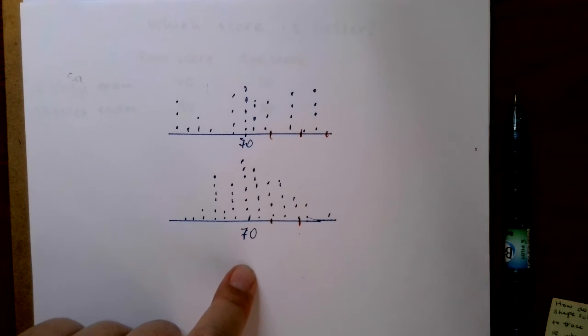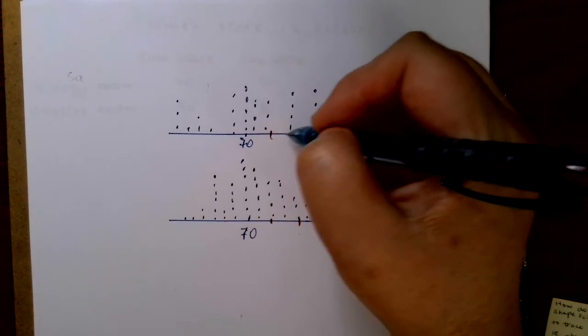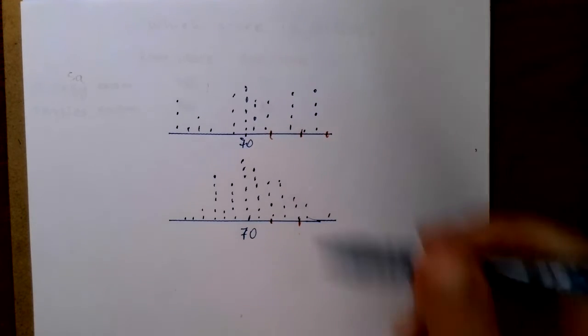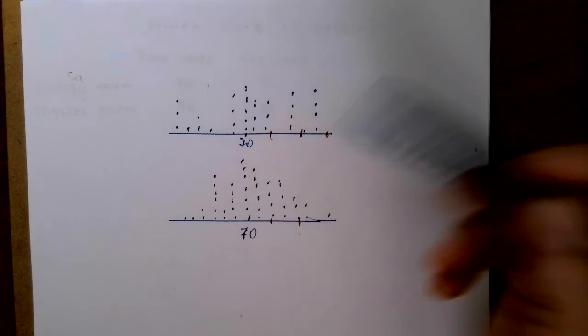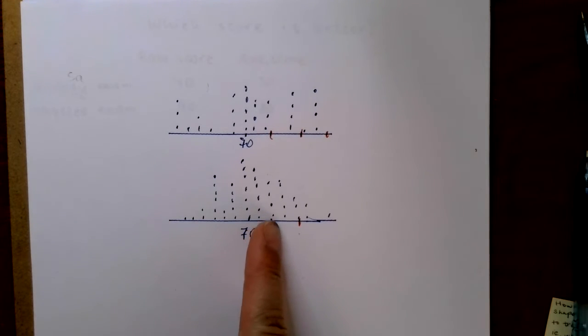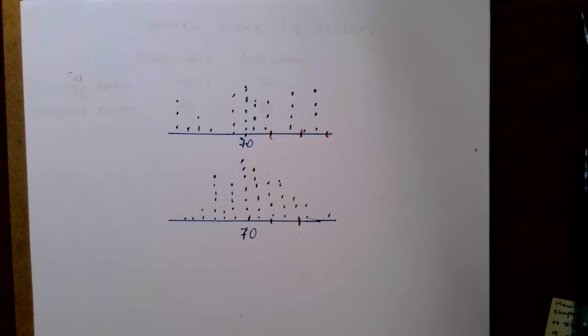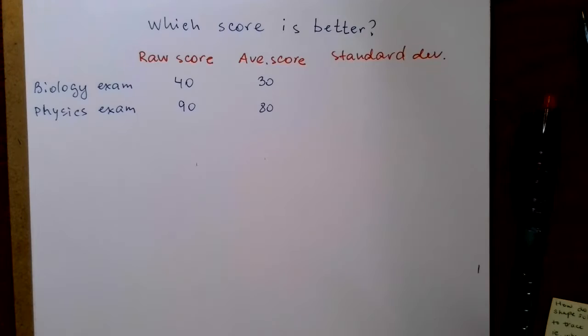Anyway, the distance from the center, from the average, is very important because it tells you what percentage of the class scores are above you and what percentage are below you. So we need that standard deviation.